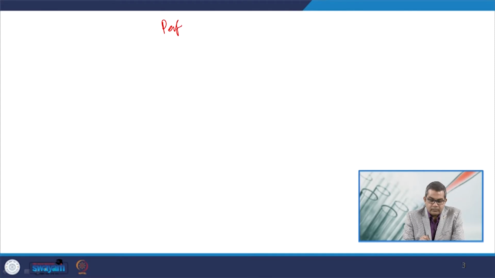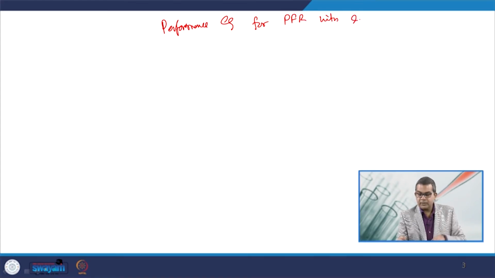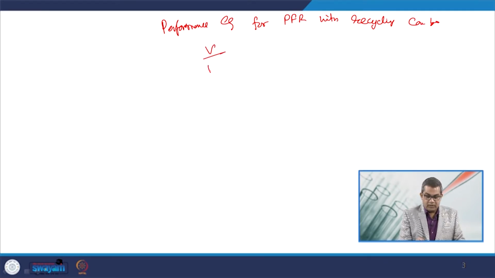The performance equation for PFR with recycling can be V upon FA1 equal to the integral from XA1 to XAF, sometimes referred to as X naught, of dXA upon minus RA.